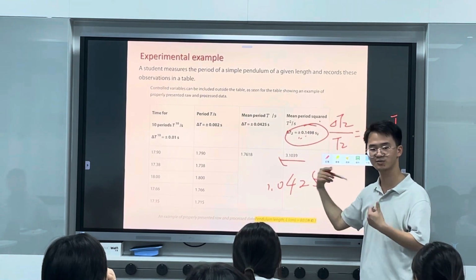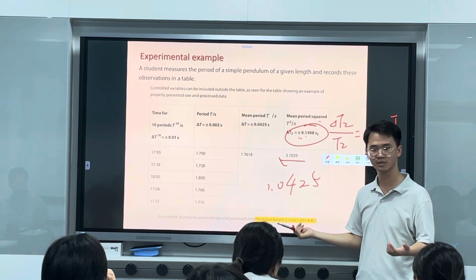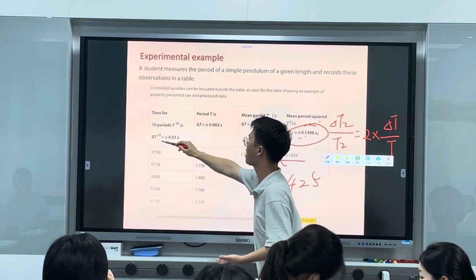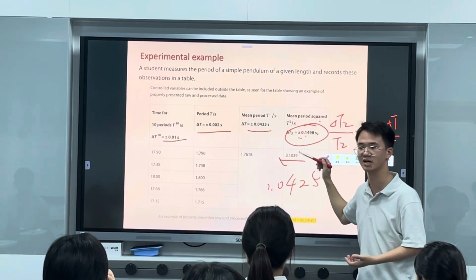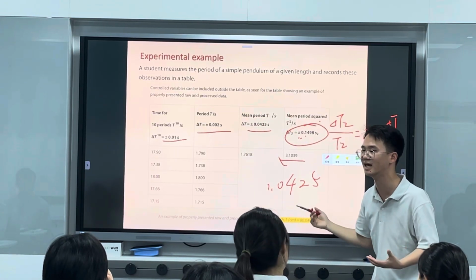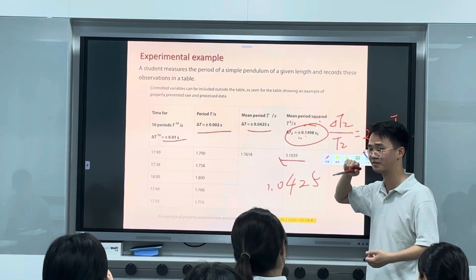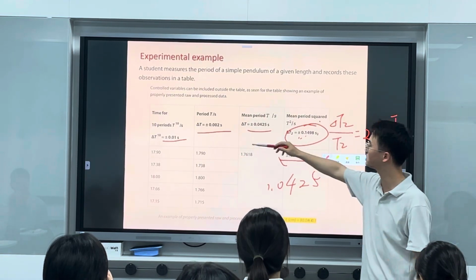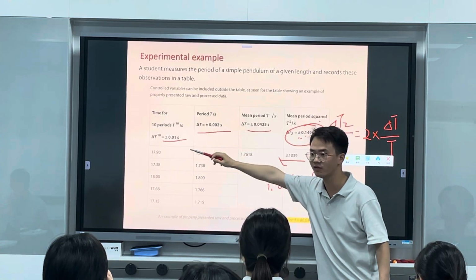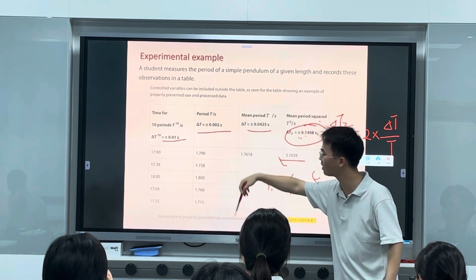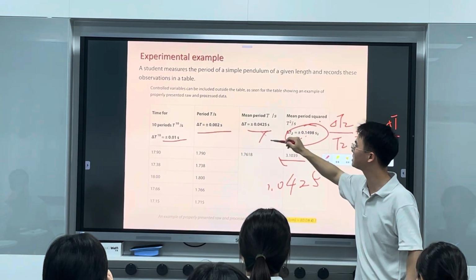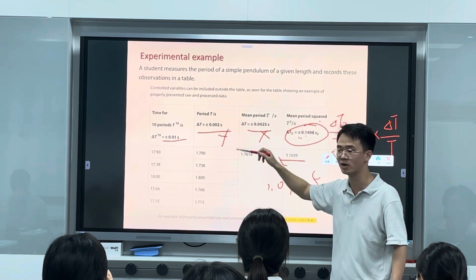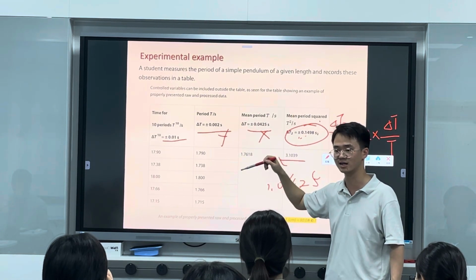Okay? Did I explain everything clearly from the start? Don't underestimate this table. Don't underestimate those numbers. It's not something you just pick randomly. It has logic in it. When you submit your IA, when you do your lab and this data analysis, if I check your work and it doesn't match, it's a big mistake. You're going to lose a lot of points from the data analysis.